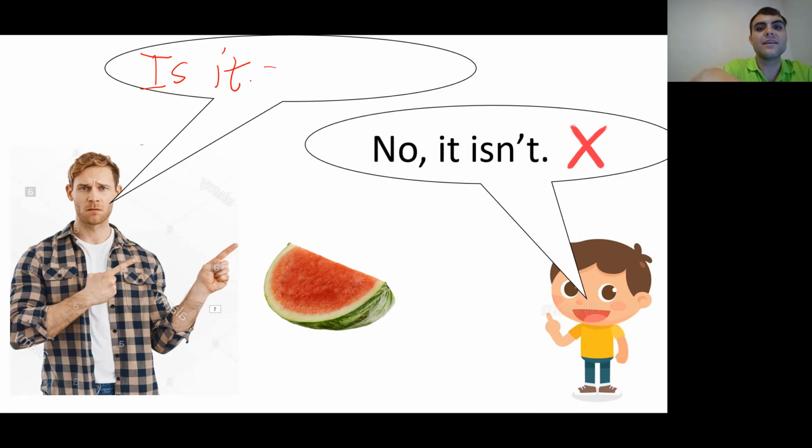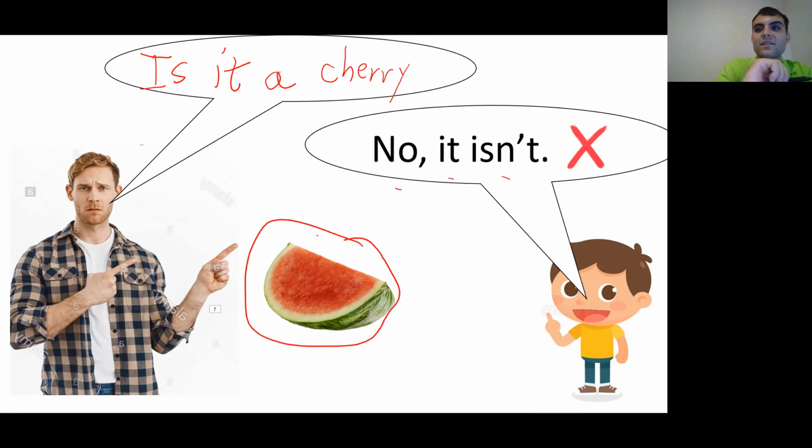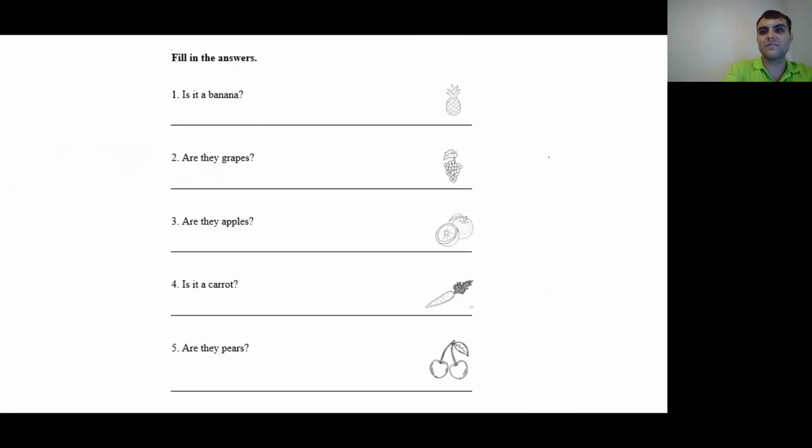Is it a cherry? And no, it isn't, because what's this? Right, it's a watermelon. So when he asks, is it a cherry? The answer is no, it isn't. So that means we have a sentence that makes sense.